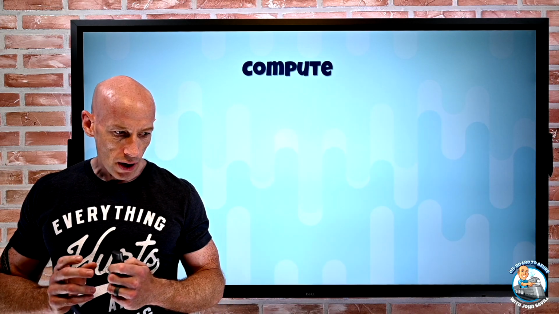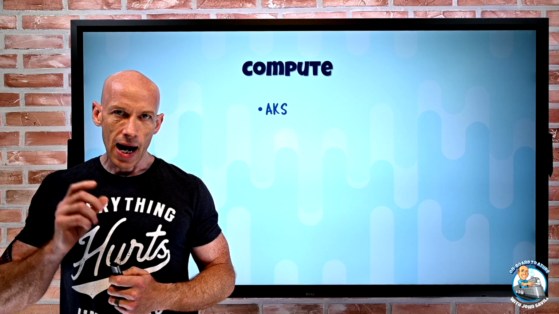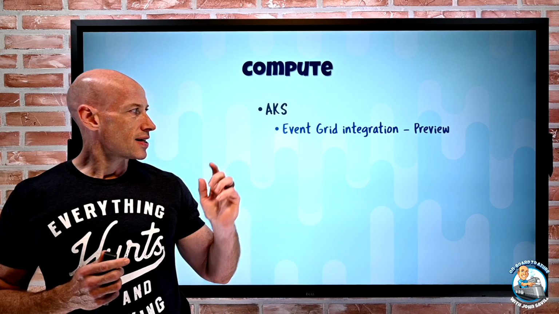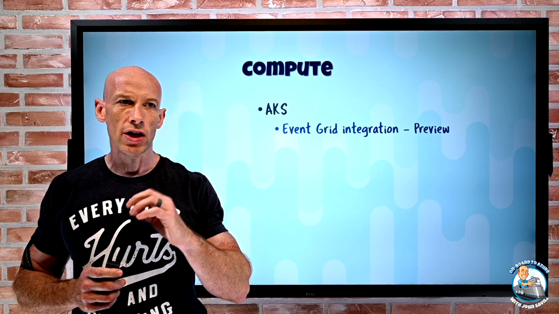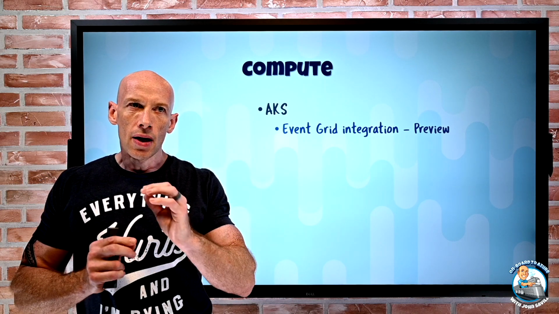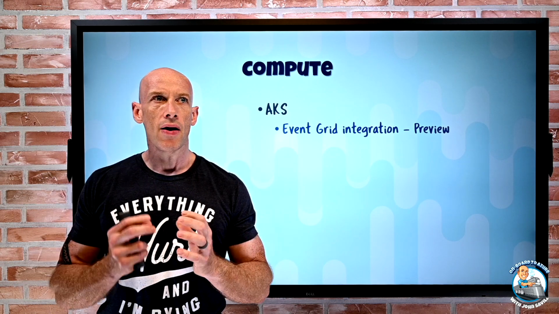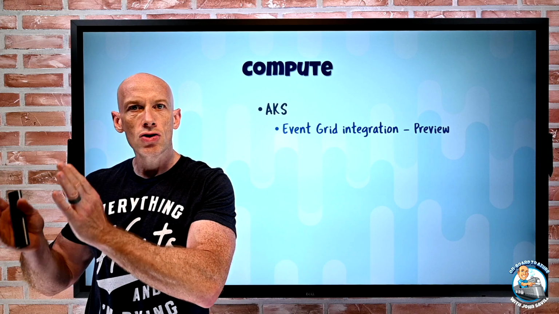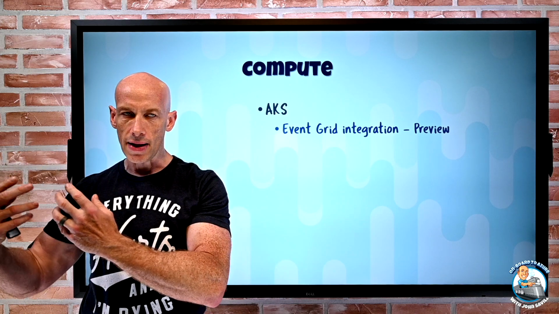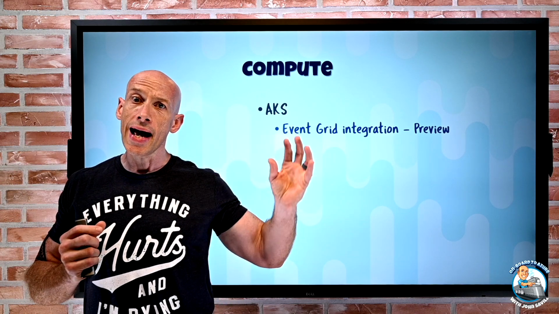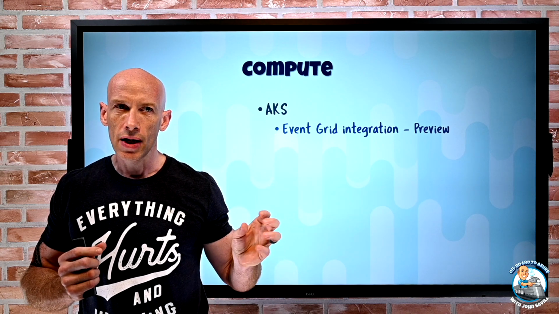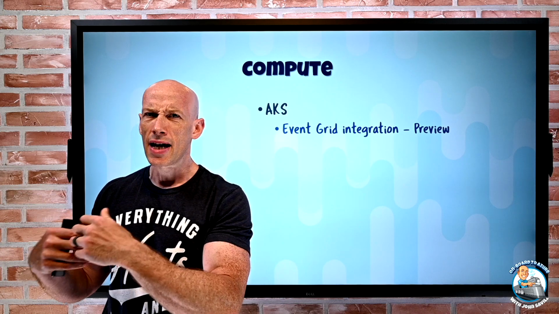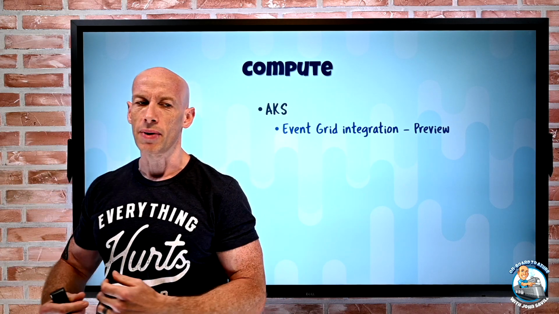So on the compute side, really focused around the Azure Kubernetes Service. The first thing we have is this Event Grid integration. I have talked about this before. So remember, Event Grid is all about the idea that I have this service that can have various event sources, things generating events, and then event handlers can register to that. Now that handler, instead of having to hammer polling that source, saying, do you have something for me? Do you have something for me?